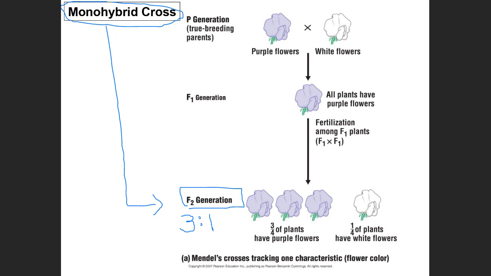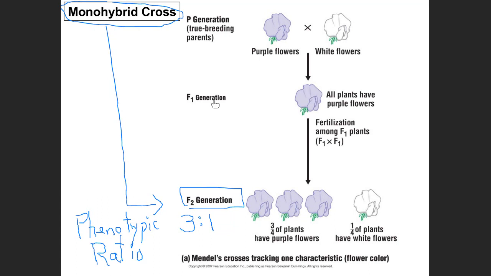And not any ratio, it's a phenotypic ratio. Let's see if I can write this out. It didn't matter if the monohybrid cross focused on the one trait for flower color, or the one trait for seed color, or the one trait for seed shape. He always got the same pattern of inheritance.